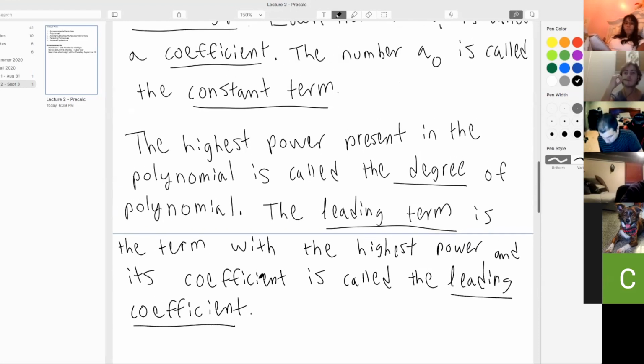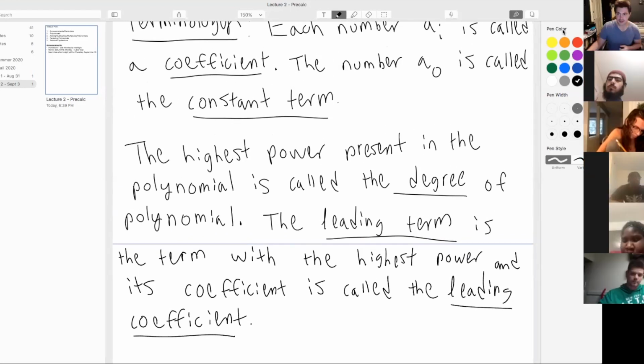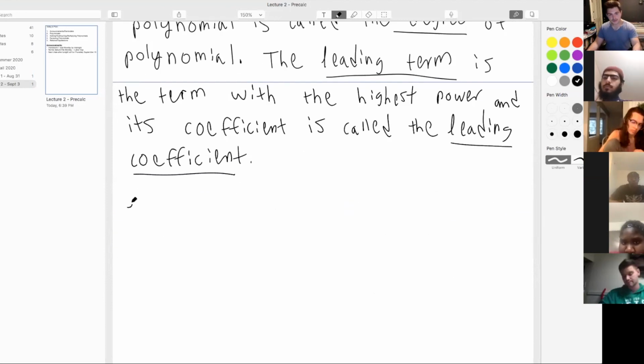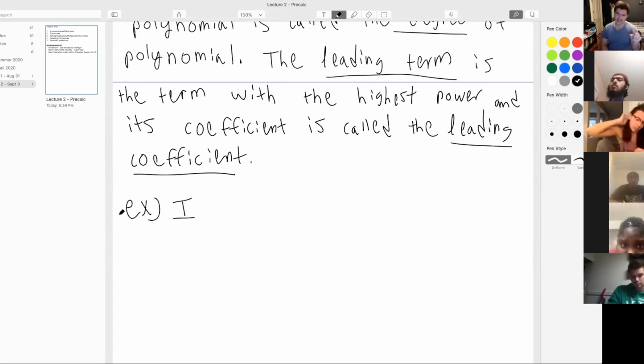All right, so let me just do an example. Let's use these terms in practice. Whenever I write EX, that just means an example is going to follow.